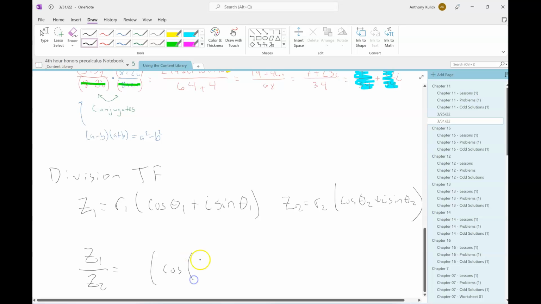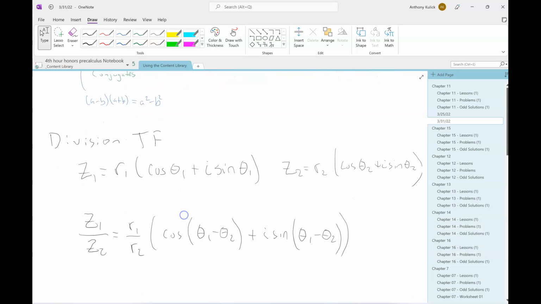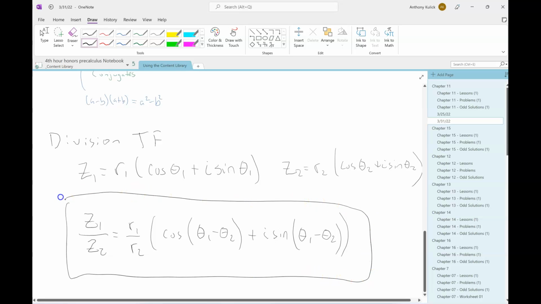So I agree that we're going to be subtracting the angles. But what are we going to be doing to the r's? Dividing them, yeah. Not multiplying. But again, that is a nice formula, because guess what this turns into now?